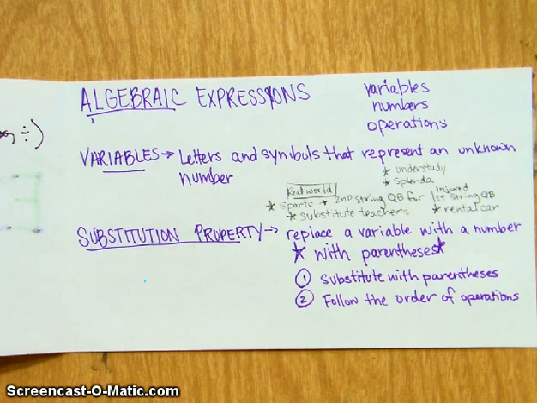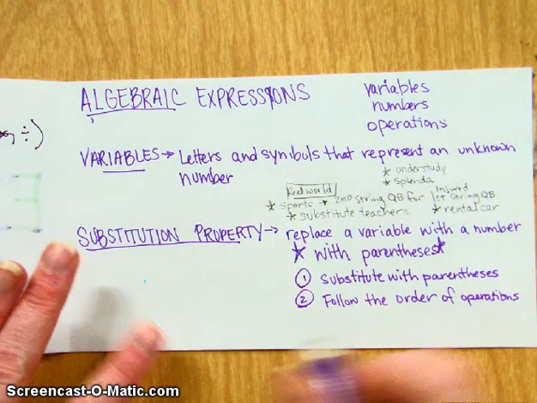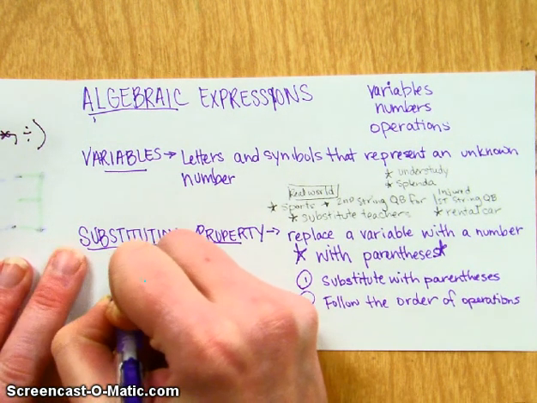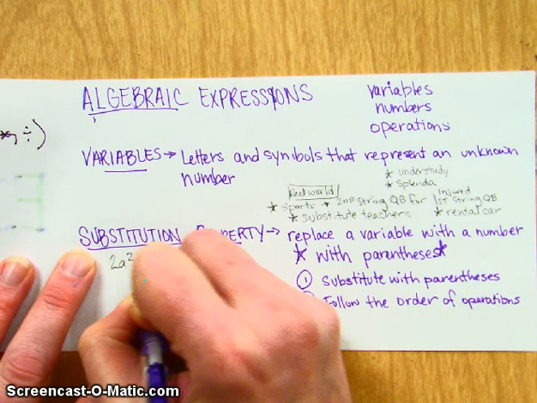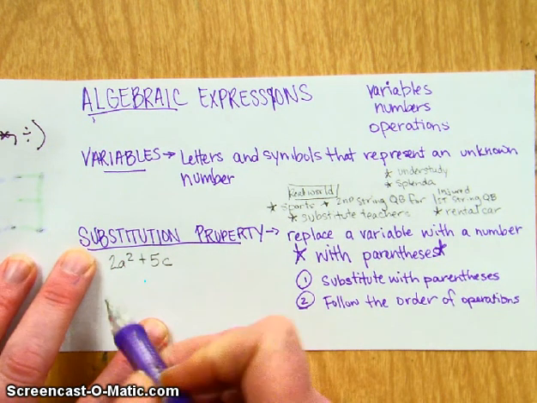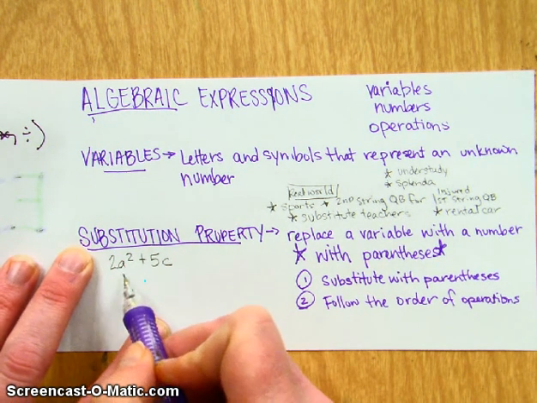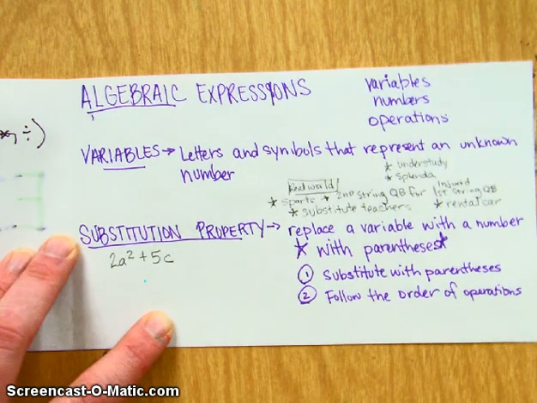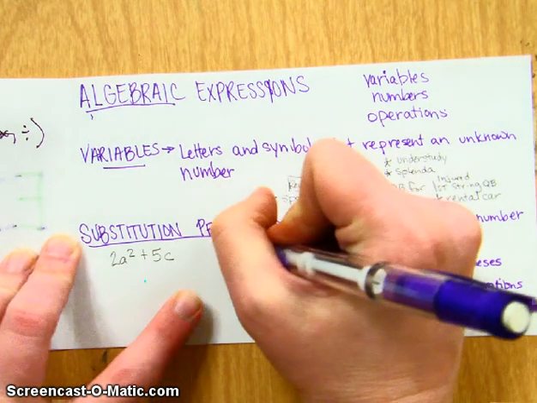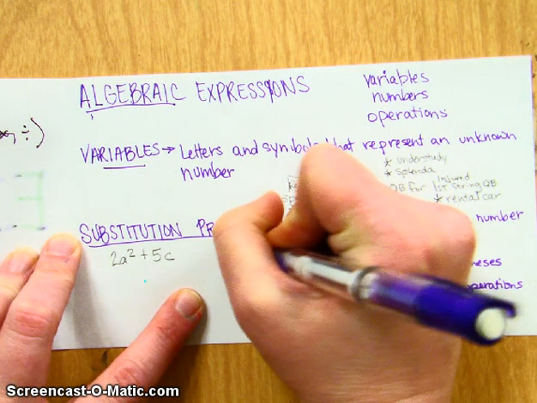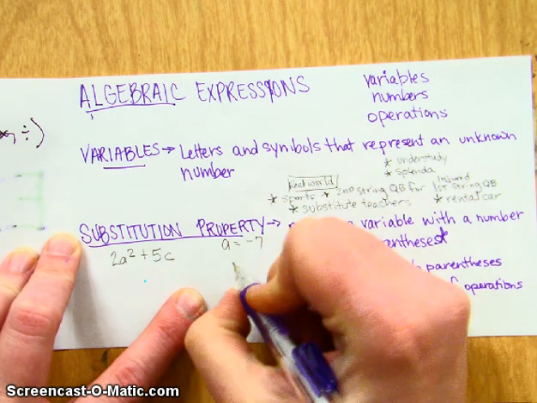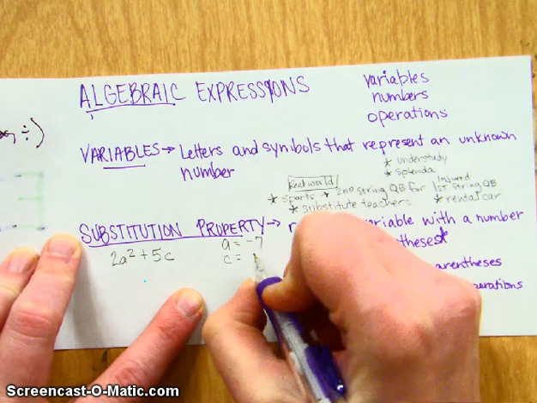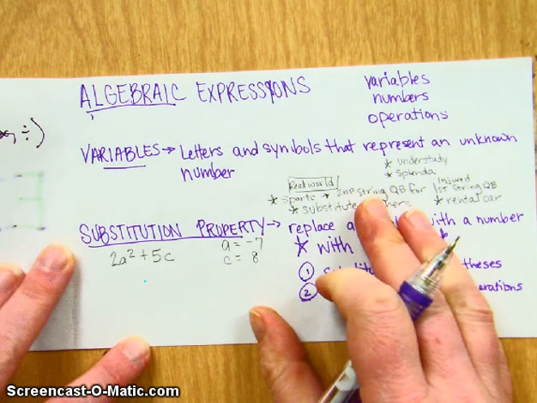Our example, I'm going to go back to pencil for this one. Let's say we have 2a squared plus 5c. I have numbers, I have variables, and I have operations. I have multiply and add. So the problem said use -7 for a, and then for c it said use 8.